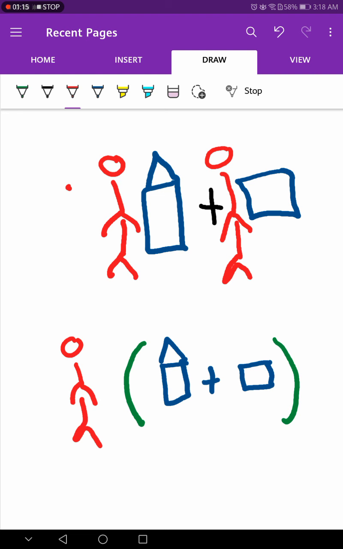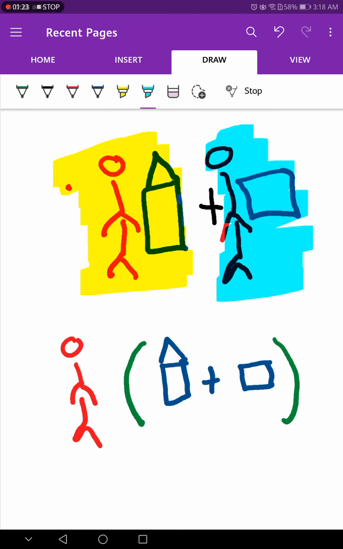Yes. So let us consider this is one term and this is the second term. Okay. So what is the common between the first term and the second term? Clearly you will answer me Ali is the common between this term and this term.